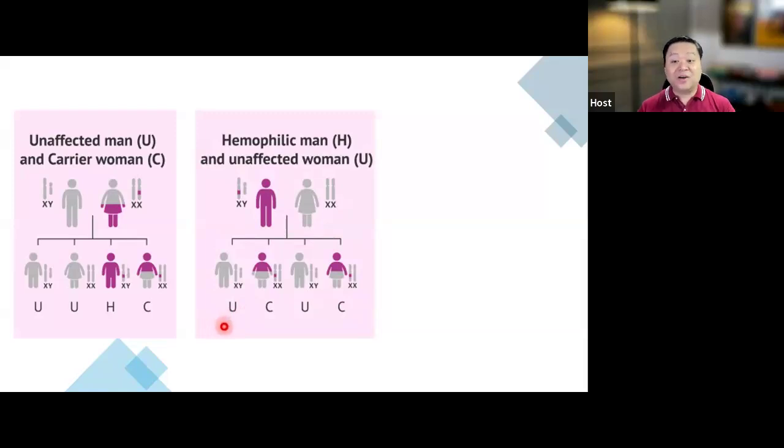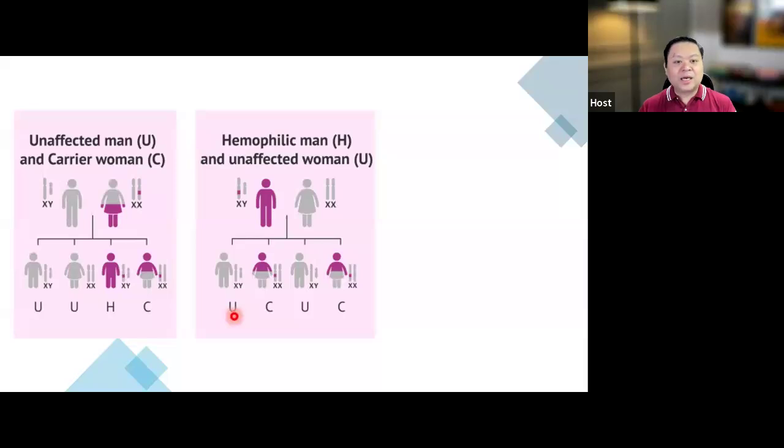They will always inherit the Y chromosome from their father, which does not carry the hemophilia gene. So pay attention here. The Y chromosome will not carry the hemophilia gene. However, the X chromosome in the father will carry it. So the sons here can be freed from getting the mutated gene from the father. And so the sons of a hemophilic father will not inherit the disorder.